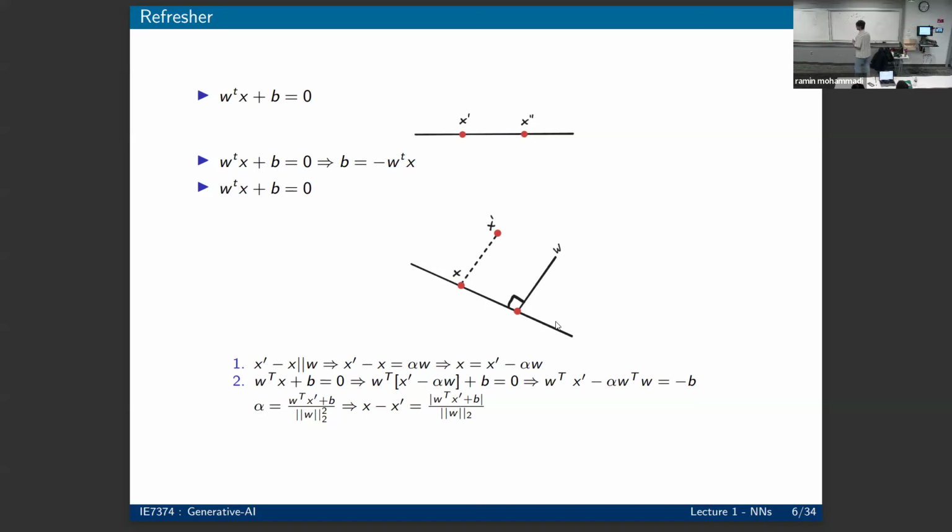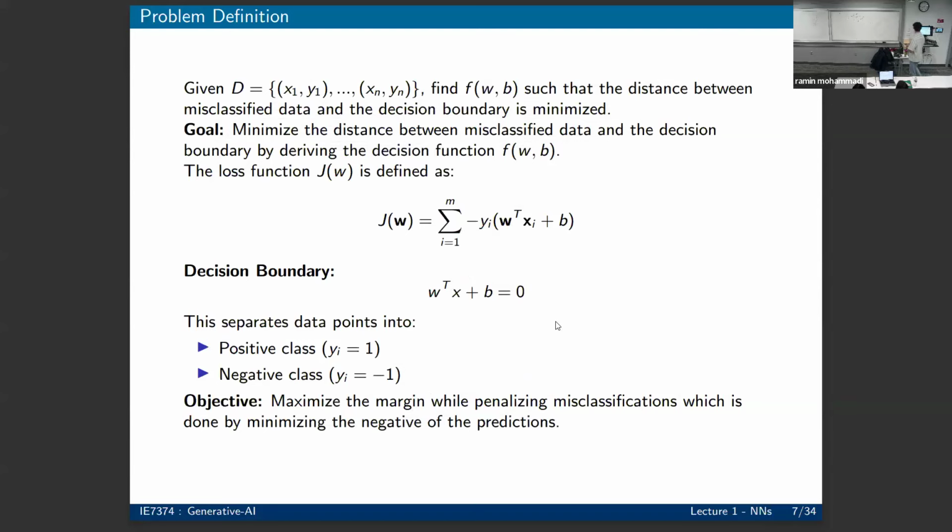Now we're going to use this concept in perceptron, how to solve perceptron. So if you think about the perceptron, you have this data set D that has a series of inputs and outputs or labels. And your goal is to find this W and B to optimize for it. And what do you want to optimize?